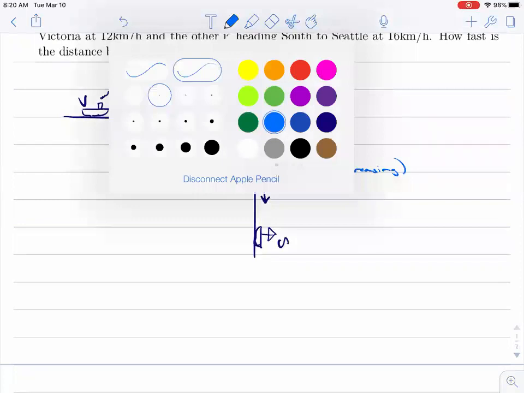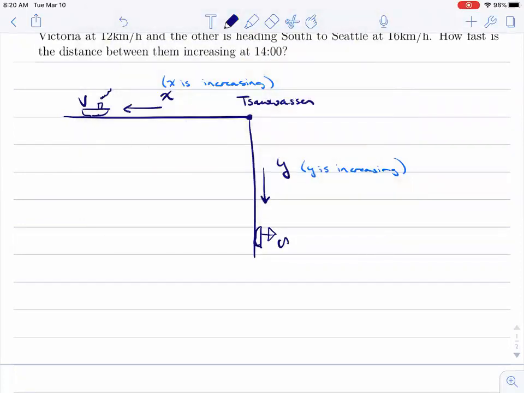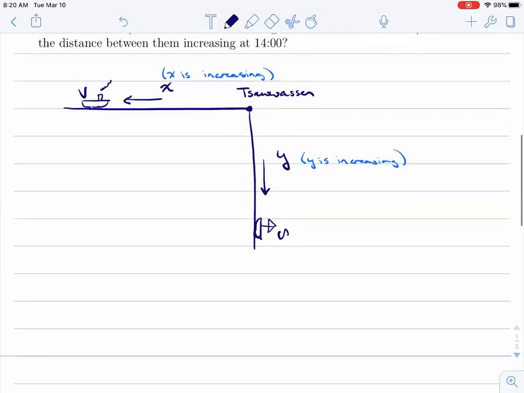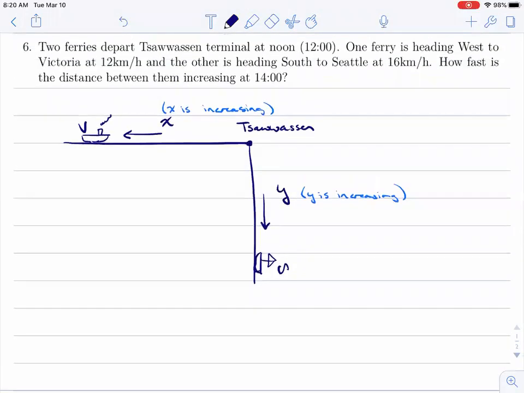And so what we can say is, where am I going to put this? I want it on the same page still, so I'll put it over here. dx/dt, the rate of change in X over time, so that's how fast we're going. And if X is the distance, then the first derivative is the velocity.